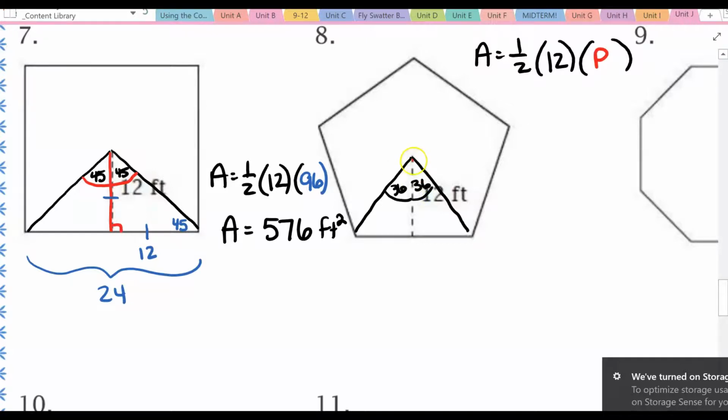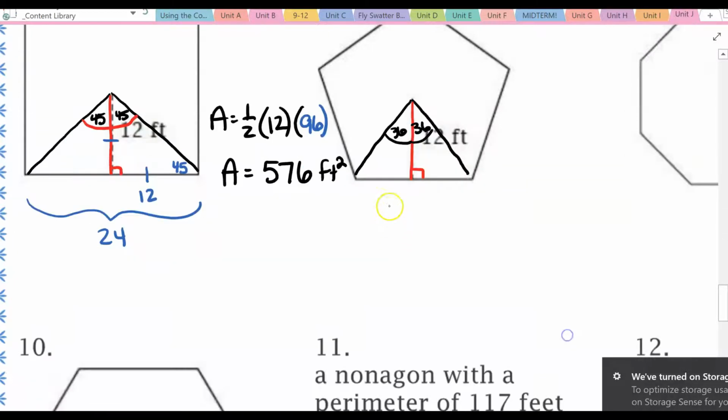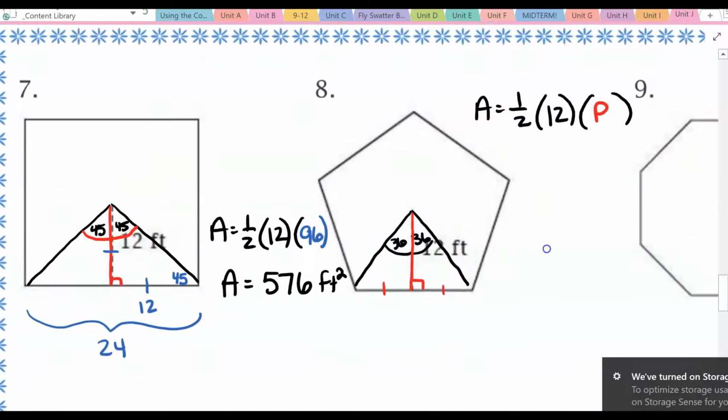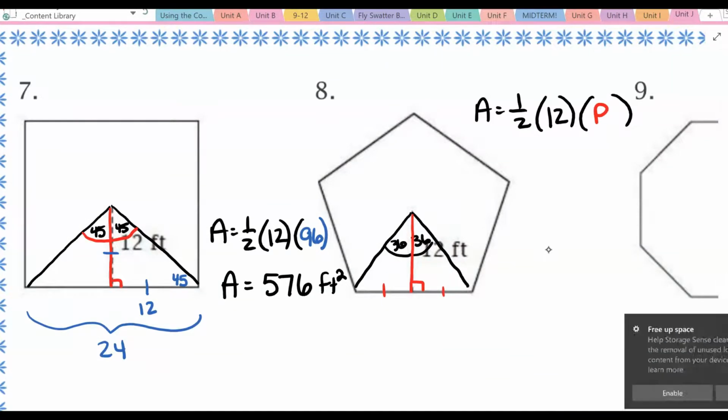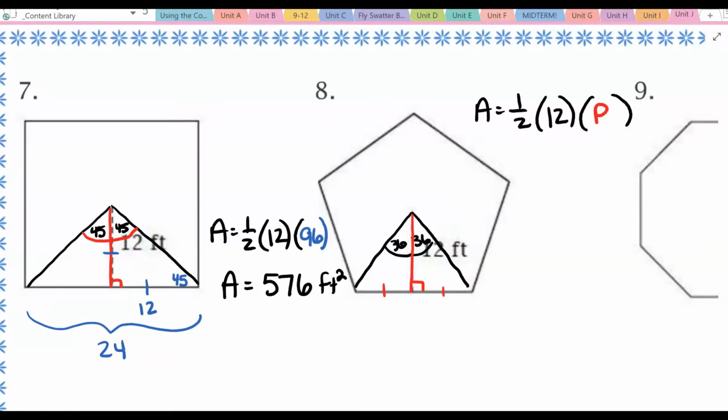My apothem is perpendicular and splitting that central angle. It's also bisecting this side. So if the apothem is 12 and that's 36, what we can do is some trigonometry. From the 36's point of view, I want the side that's opposite and I know the side that's adjacent.